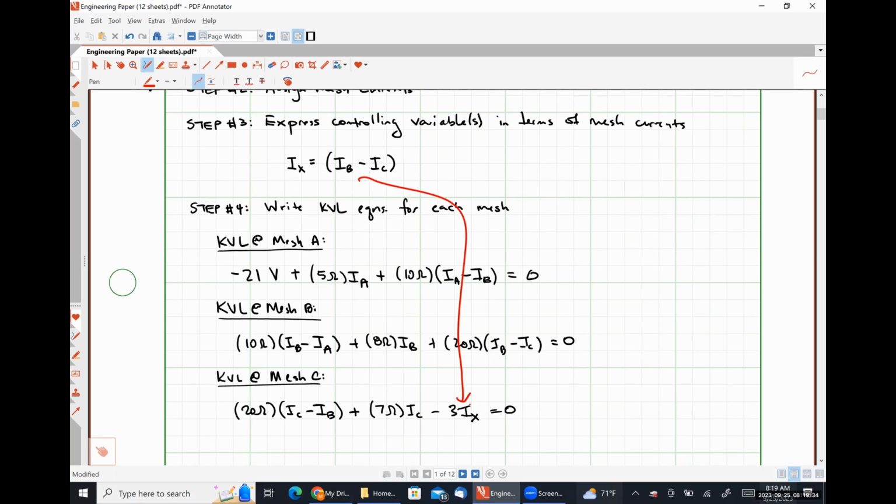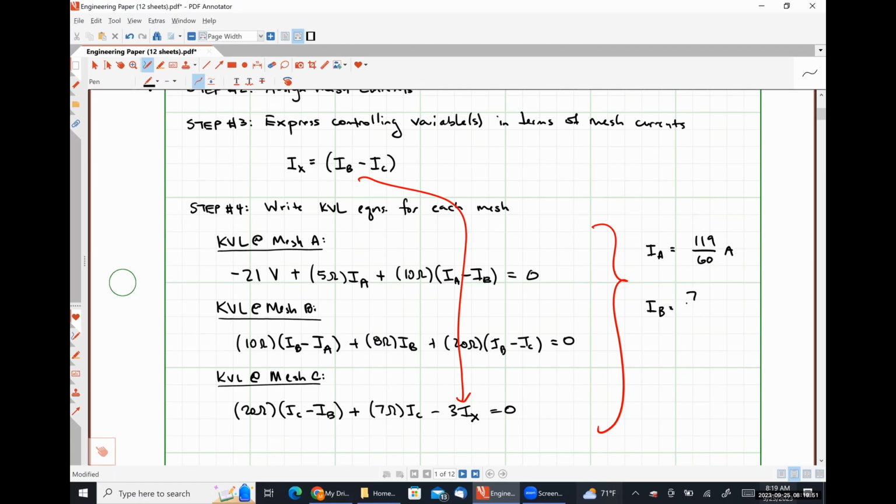Solving this system of equations, I get IA equal to 119 over 60 amps, so just shy of 2 amps.